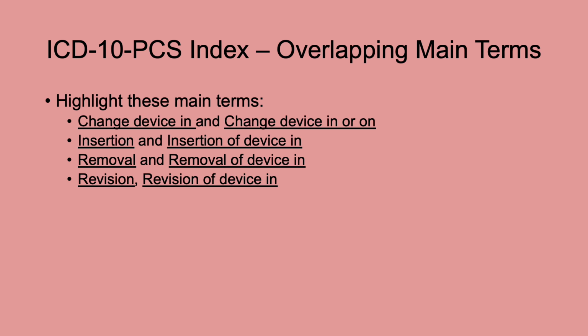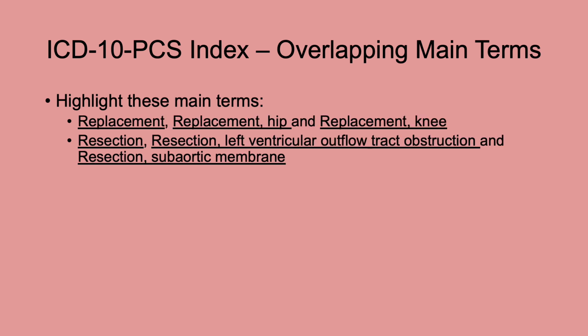There's not just revision, there's also revision of device. So that way you see both of them. Now here's some more examples of these terms. There's replacement, and there's a separate main term for replacement hip, and a separate main term for replacement knee.